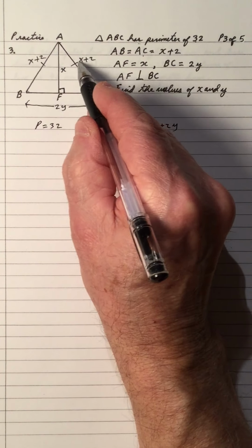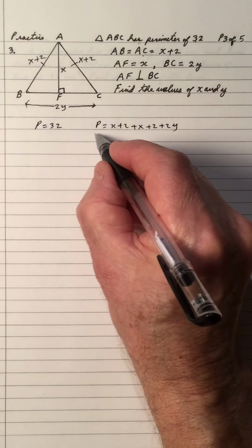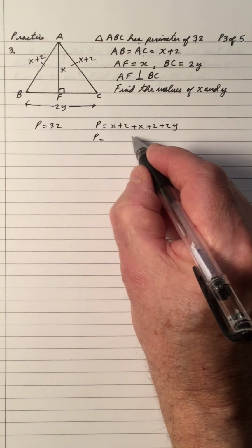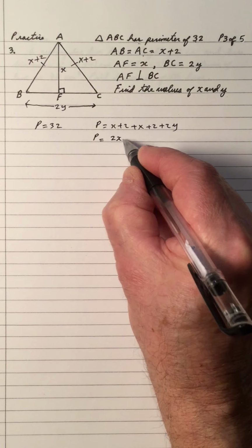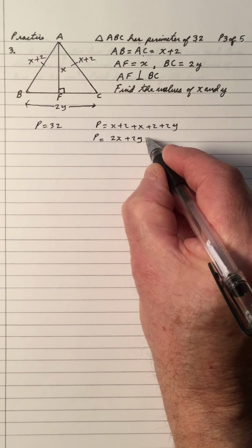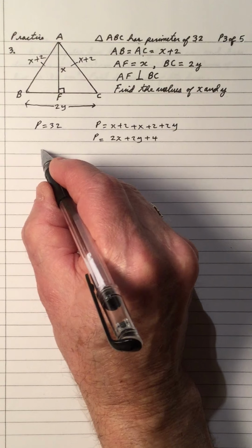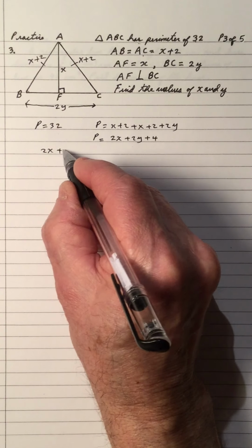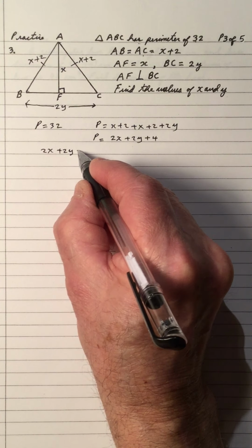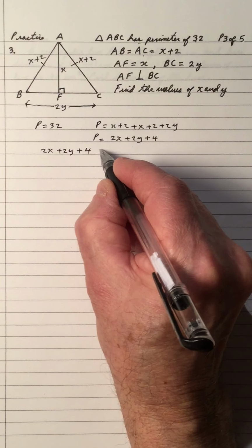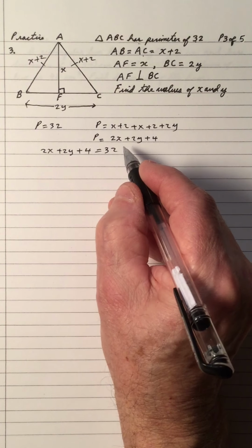If you add them up, you get 2x plus 2y plus 4. So that means 2x plus 2y plus 4 equals 32.